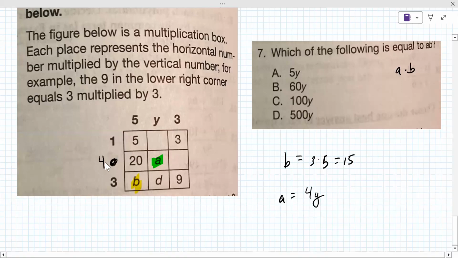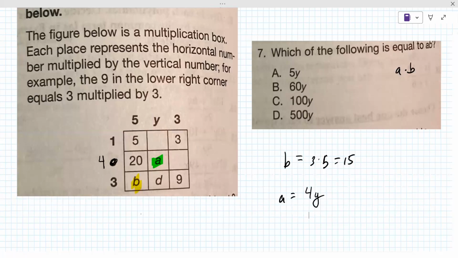You take whatever that is times whatever that is. Do I have to find Y or no? Because there's a Y in the answer choices. That's really good that you see that. No, you do not find Y, because it's in the answer choices. But you want A times B. You want the product of these.